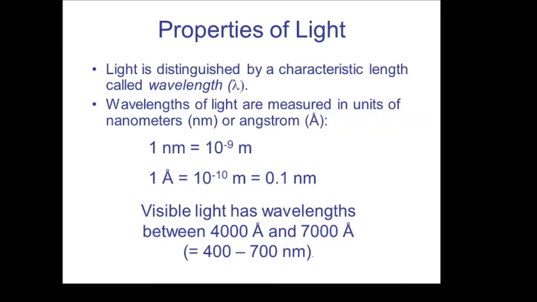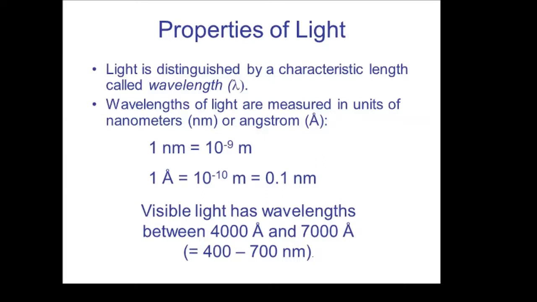Now, we have this characteristic length for light, but you should refrain from trying to attach some physical length to light. It doesn't have a physical length. It has wave properties, and waves have a characteristic length to them. I'm not saying that light is actually this long, but it behaves as if it is this long.